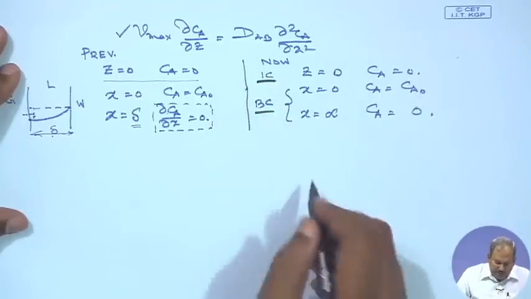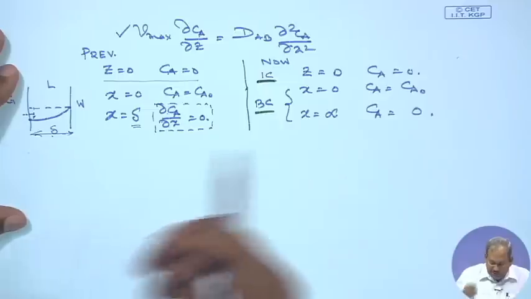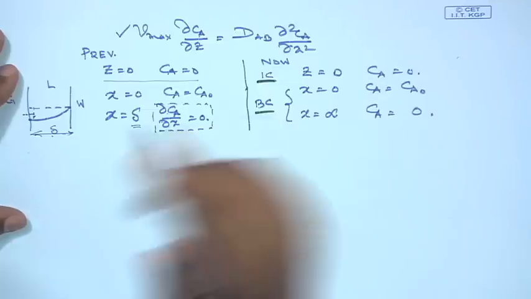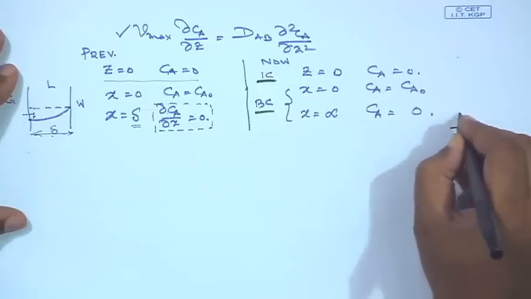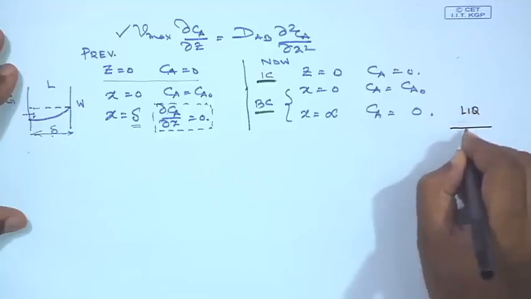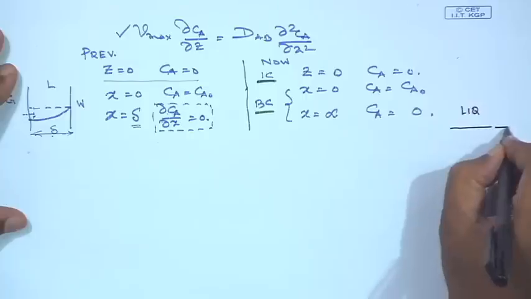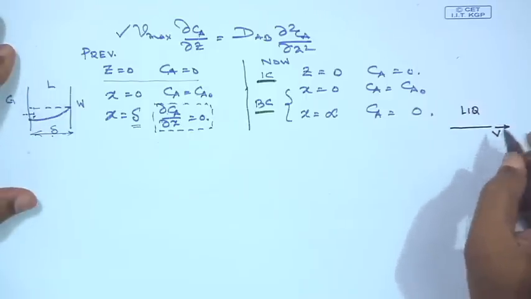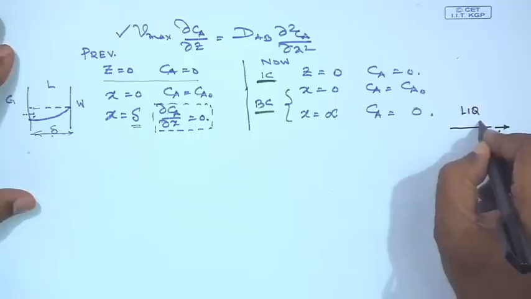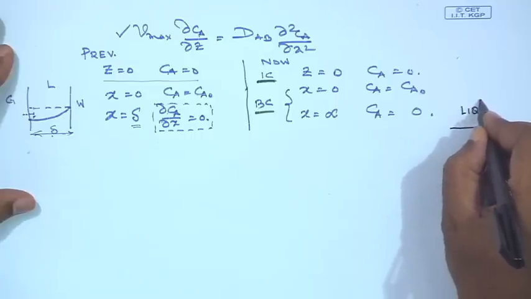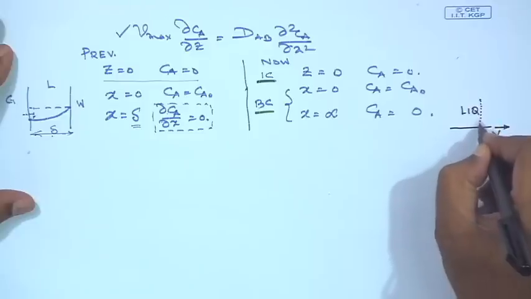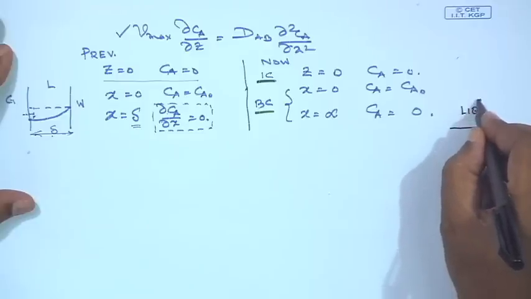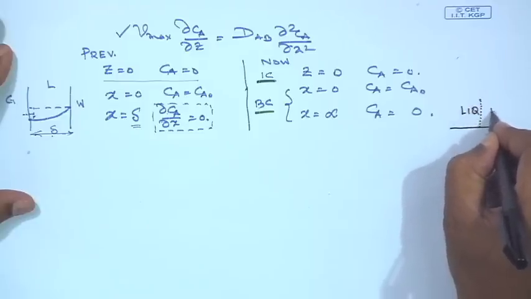Now, if you compare that with the standard solutions which we have obtained for the case of a plate with a liquid on top of it, initially it is 0, but suddenly at t equals 0 it is set with a velocity equal to v, and we are trying to find out how the velocity profile starts to go into the depth of the liquid as a function of time.